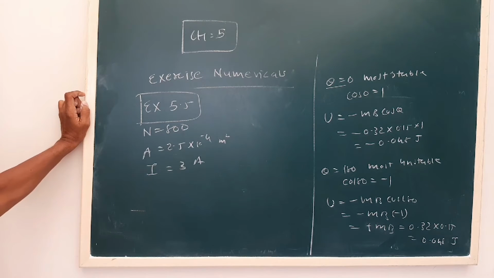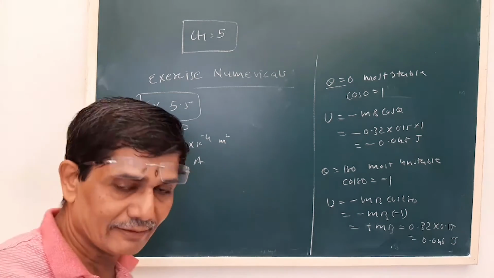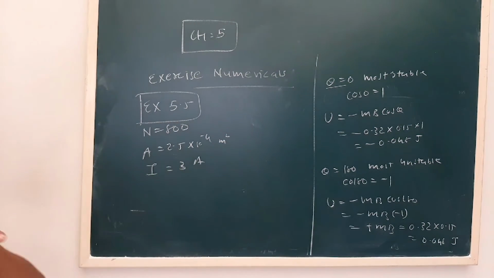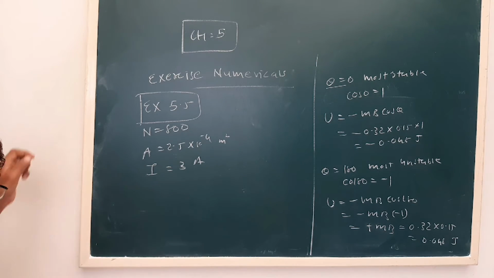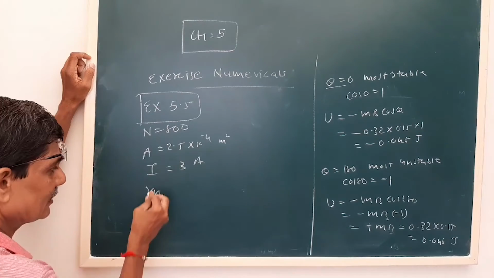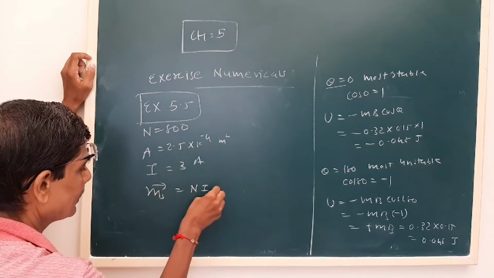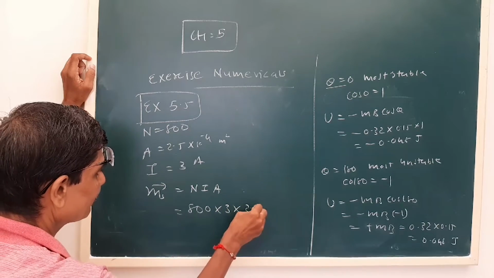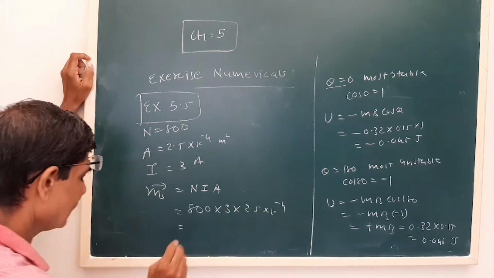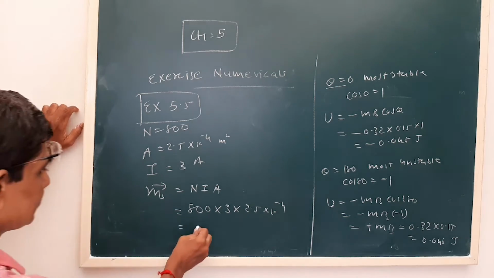Okay, now you have to find out the sense in which the solenoid acts as a bar magnet and what is the associated magnetic moment. Now see, the theory part we have seen, this we derived in the fourth lesson, that the magnetic dipole moment of a solenoid is m is equal to NIA. S stands for solenoid. N is 800, A is 2.5 into 10 to minus 4. Now see, if we calculate, we get 0.6 ampere meter square.